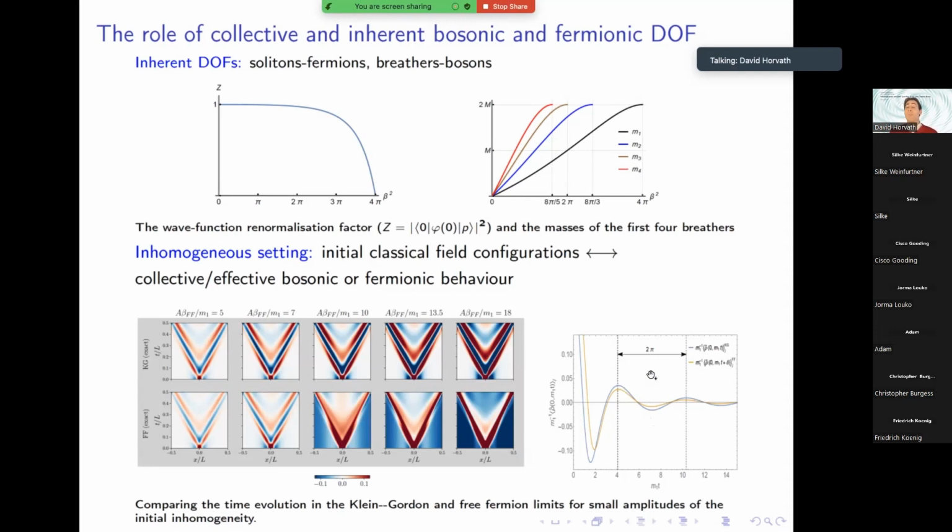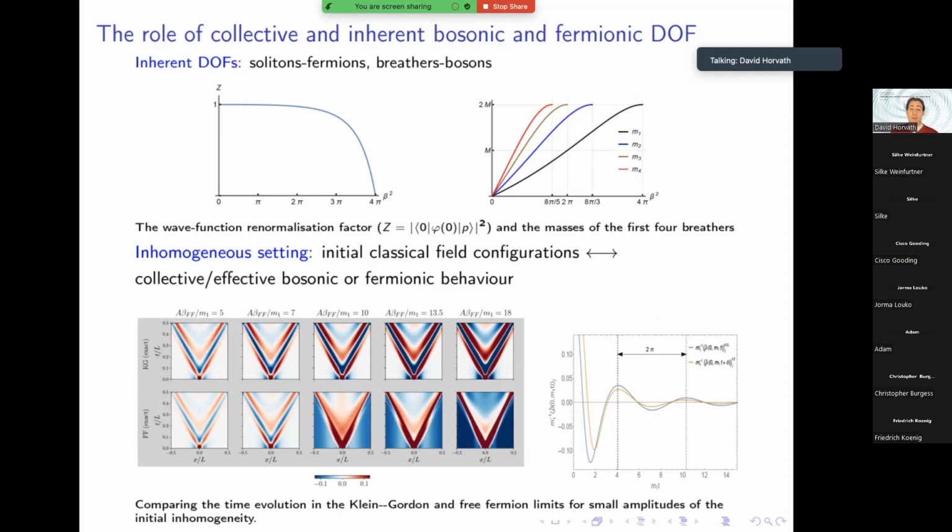What one may infer from this picture is that if you have smooth and not too high amplitude disturbances in such a model, like the sine-Gordon theory, at least the short and intermediate time physics might be governed by such collective bosonic excitations. We didn't do that, but estimating the lifetime is something that certainly can be doable at the free fermion point as well.